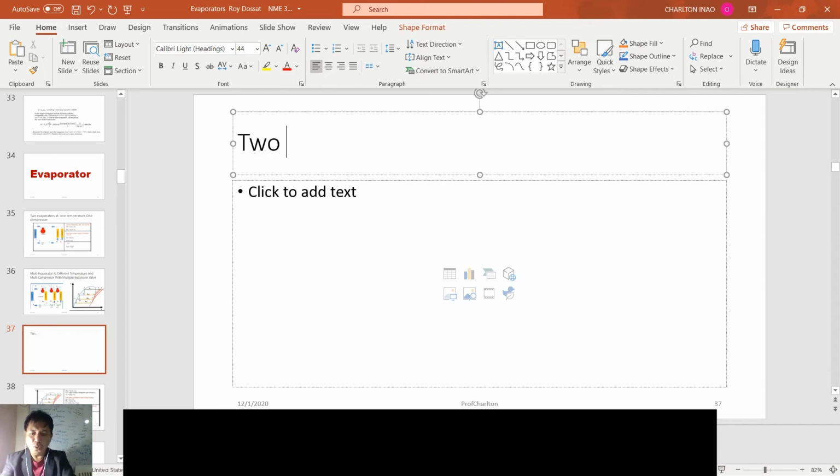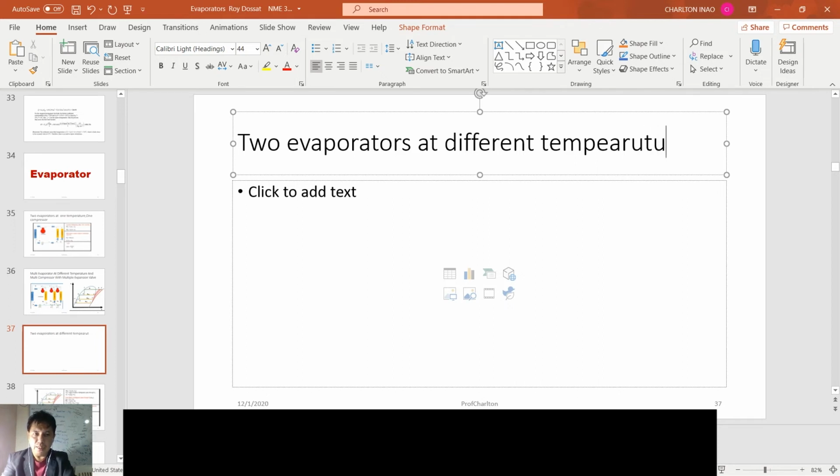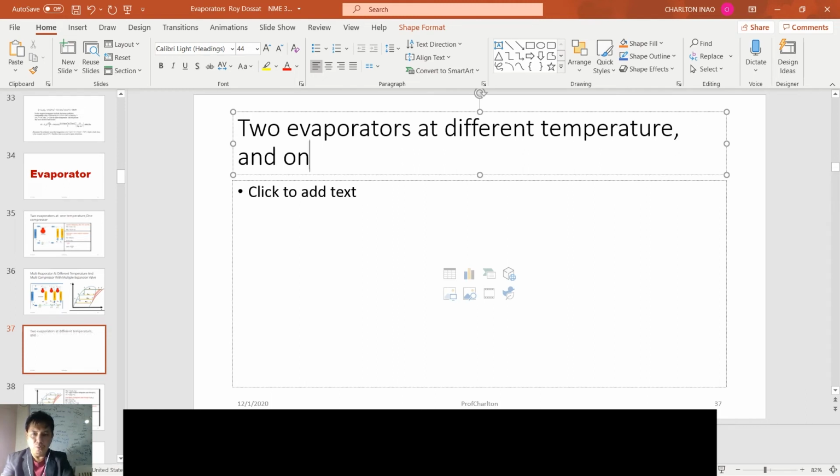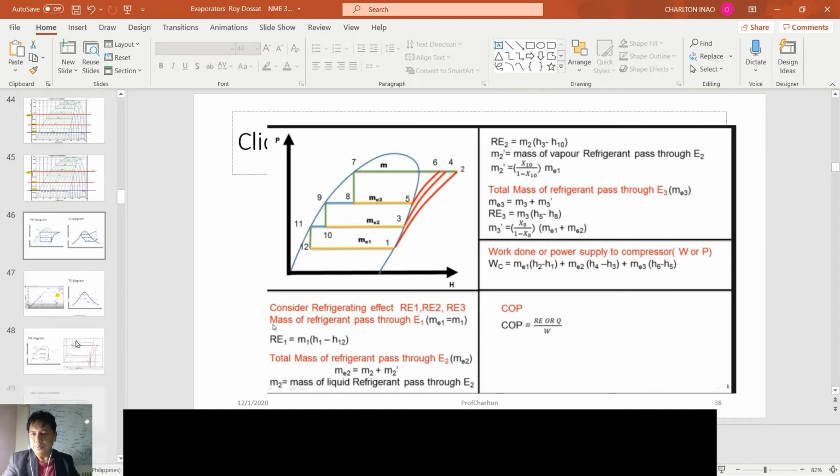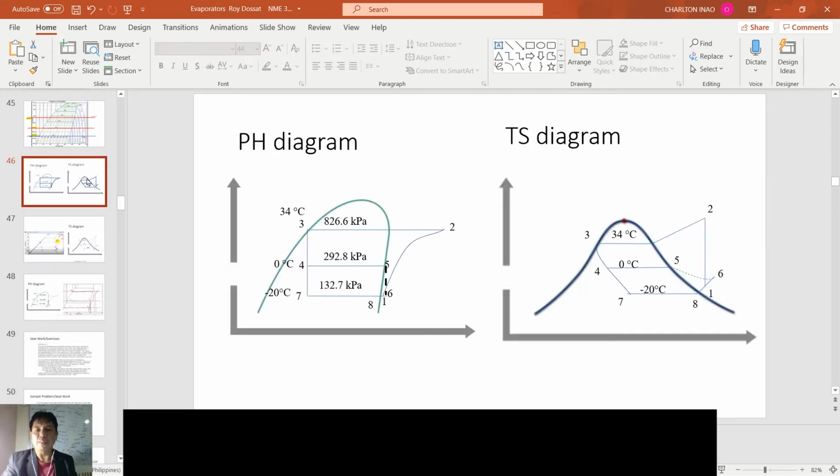Now we will add 2 evaporators at different temperatures and 1 compressor. I think we already took this up. I will just paste it so you can see. This is what we took up last time, the one I gave you as an assignment.